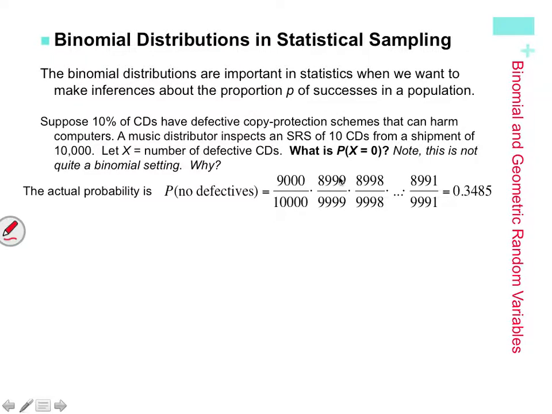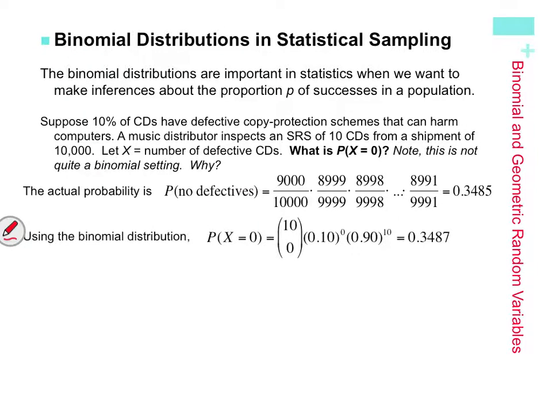If you pull out a bad one, then it goes down to 8,999, and so on, till you take out those 10, that SRS of 10 CDs. If you were to use a binomial distribution with X equaling 0, I have 10 trials. I'm looking for no defects or no bad CDs, okay?